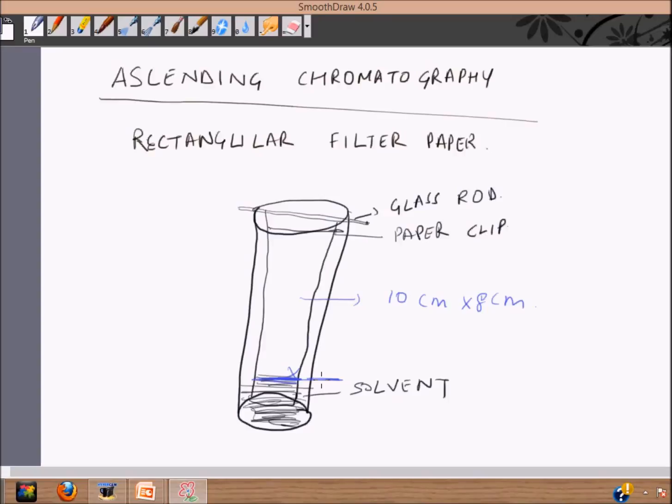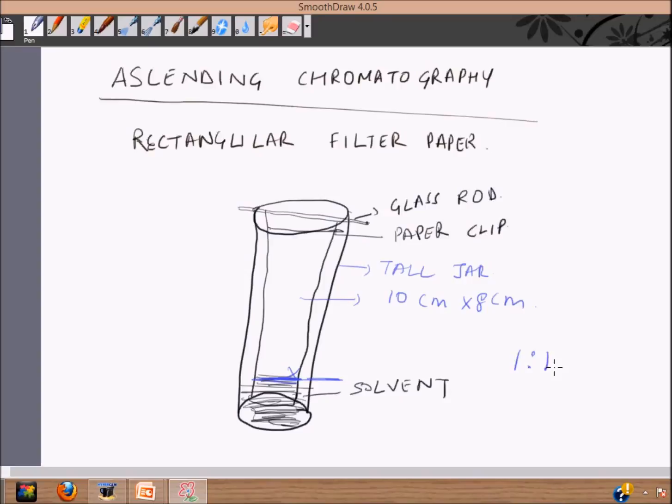Then fix the paper to a cork in a tall jar, so that its lower end rests at the bottom of the jar, and pour a mixture of water and alcohol in the proportion of 1:1, so that about a centimeter of the filter paper dips into the water-alcohol mixture.